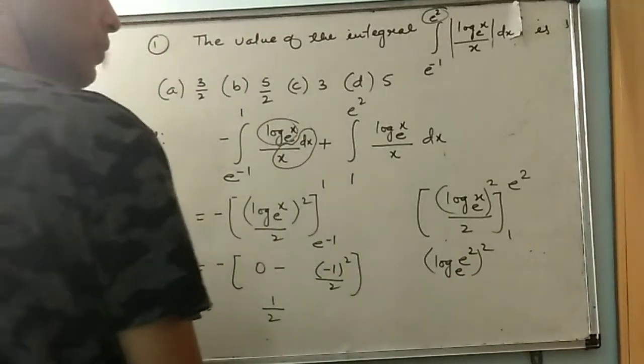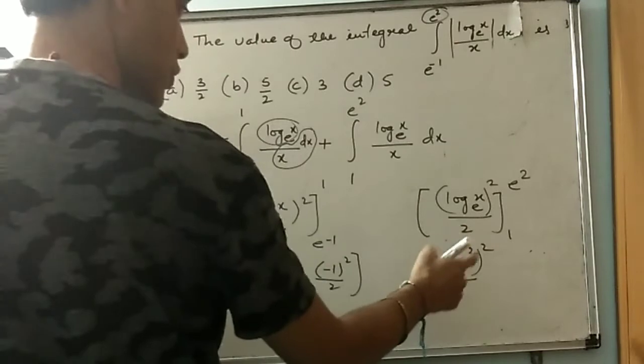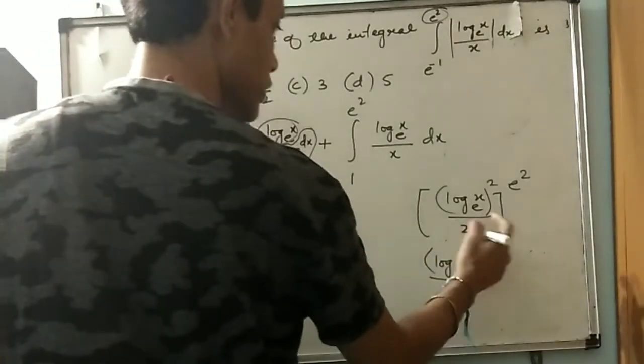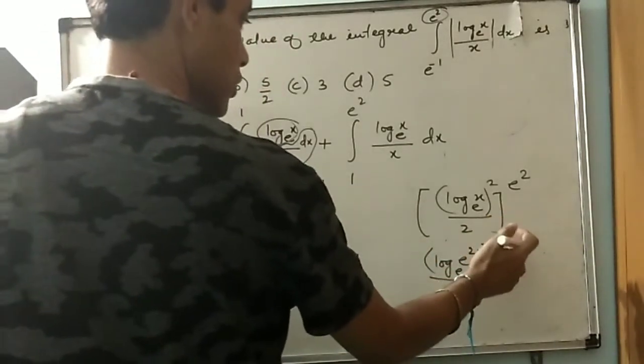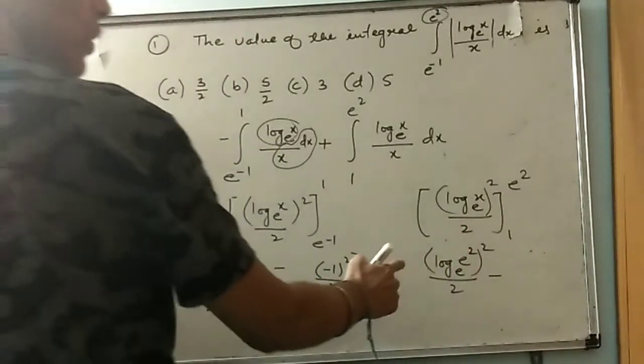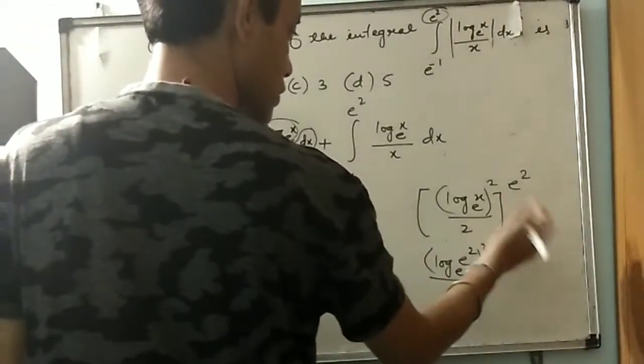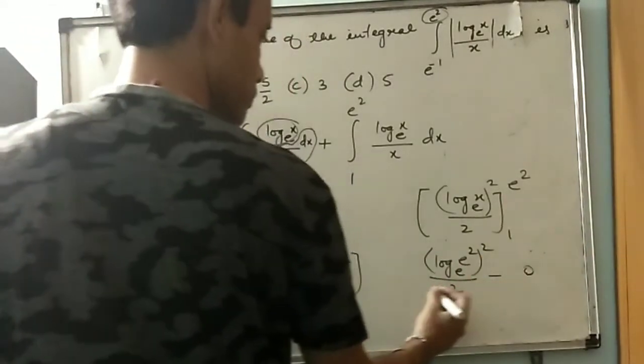But for understanding it, first you need to understand the logic. So this one is giving us this thing minus log 1, that is again 0.